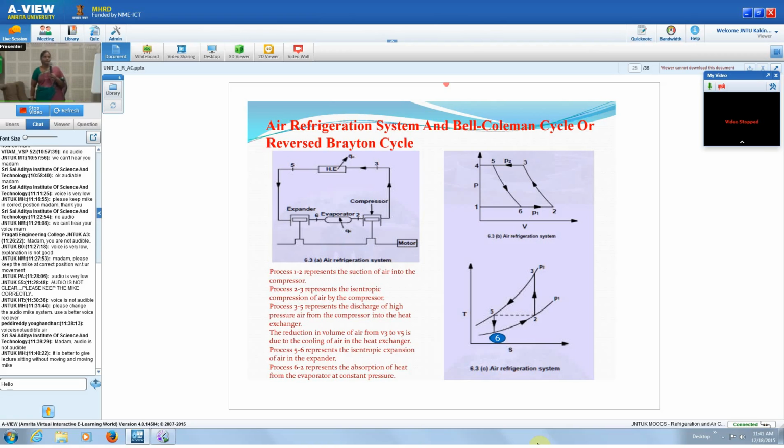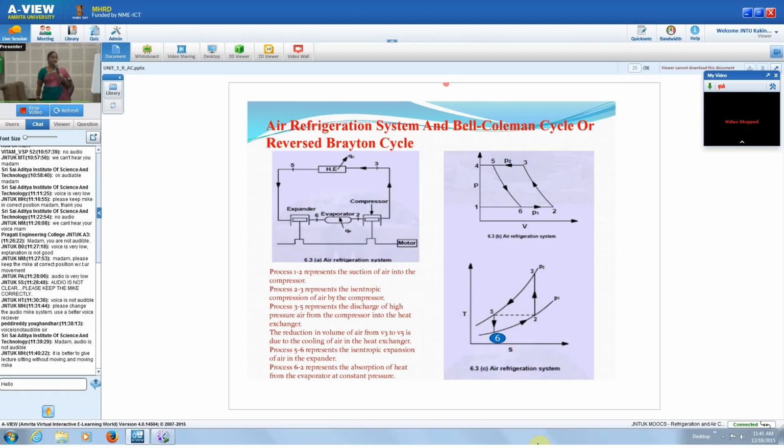The same processes are given in detail. Process 1 to 2 represents the suction of air into the compressor. Process 2 to 3 represents the isentropic compression of air by the compressor. Process 3 to 5 represents the discharge of high pressure air from the compressor into the heat exchanger. The reduction in volume of air from V3 to V5 is due to the cooling of air in the heat exchanger.